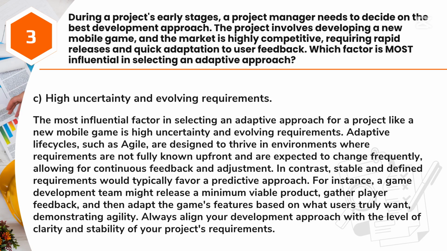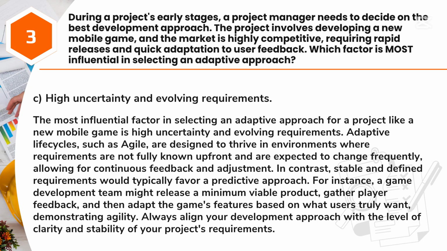Answer: C. High uncertainty and evolving requirements. The most influential factor in selecting an adaptive approach for a project like a new mobile game is high uncertainty and evolving requirements. Adaptive life cycles, such as Agile, are designed to thrive in environments where requirements are not fully known upfront and are expected to change frequently, allowing for continuous feedback and adjustment.